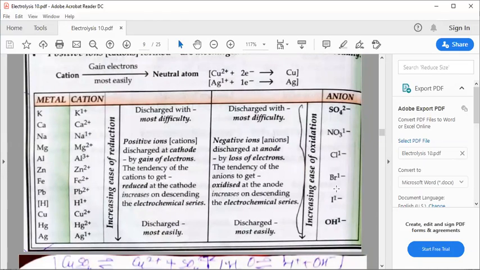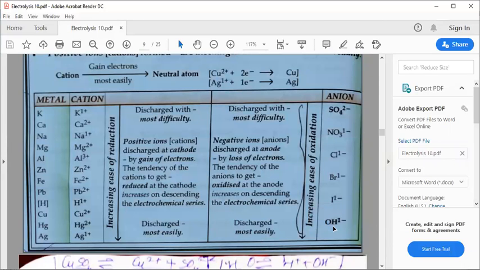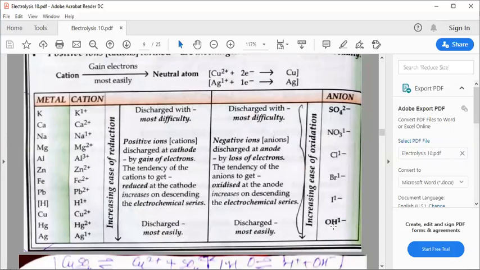According to the electrochemical series, if you have two anions in the solution, SO4 2 minus and OH 1 minus, then OH 1 minus will get discharged easily. So if you see, discharge with most difficulty, discharge most easily. So OH is able to release its electron to the anode.